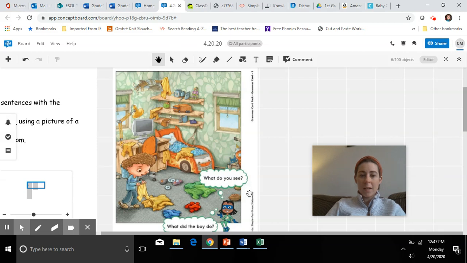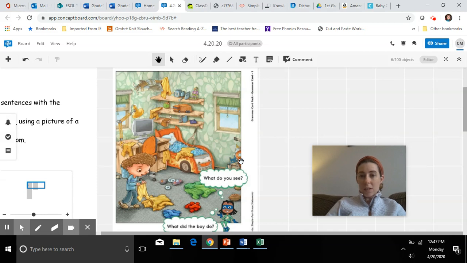Take a minute. Tell a sentence. Let me do another example. I notice the boy's bed is not made. I notice the boy's desk is messy. Okay. There are many things that need to be cleaned up and put away in his room.